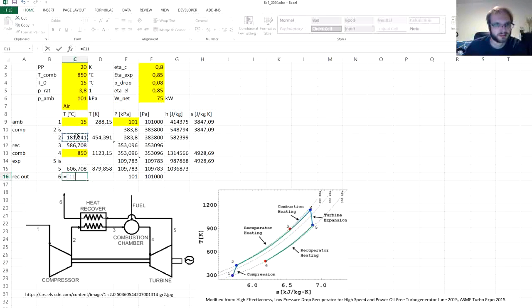So temperature 2 plus 20 degrees C, because temperature 6 has to be higher. The heat flows from 6 to 2. And so that we can use it later on in the functions, we get the temperatures also in kelvins.